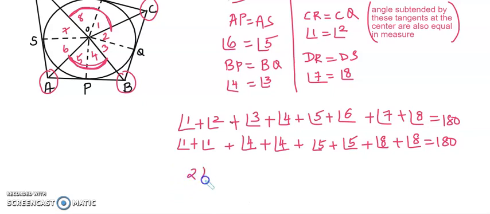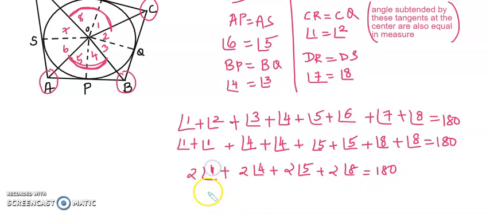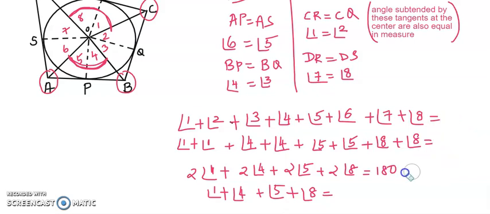So am I getting double the number of angles? Yes. Twice angle 1 plus twice angle 4 plus twice angle 5 plus twice angle 8 is equal to 180. Let's divide the whole thing by 2. So I'll get angle 1 plus angle 4 plus angle 5 plus angle 8 is equal to... big mistake. Not 180, 360. Sorry, complete angle is 360.